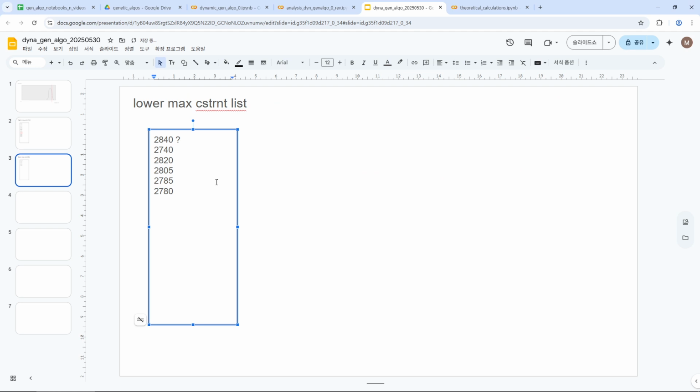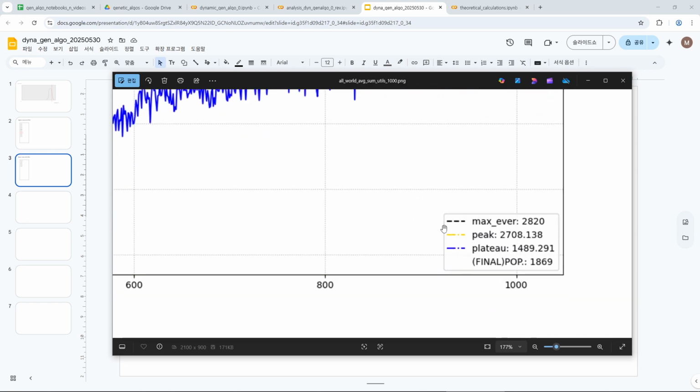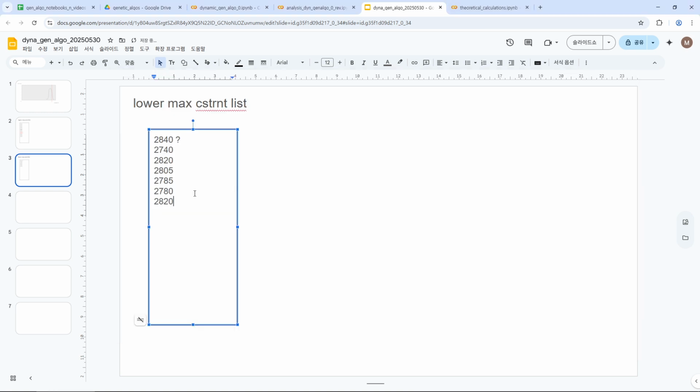So not an improvement. In the very next one, it's the same thing, but with a higher candidate percentage value. And now the maximum ever is 2820, but still not as high as 2840. So we move on.